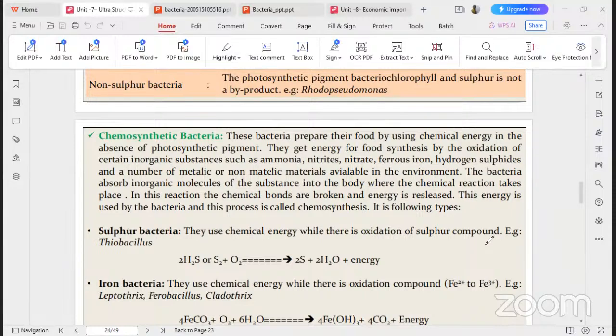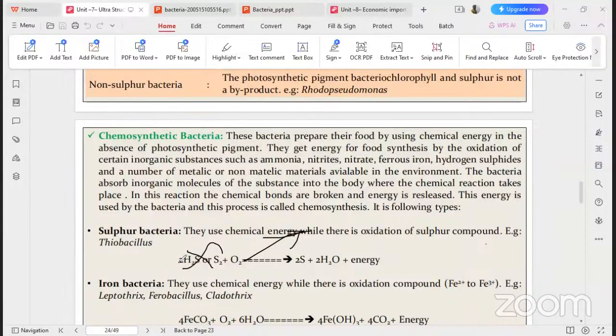In this reaction, chemical bonds are broken. By breaking these chemical bonds, energy is released. Chemical energy is released, and that released energy is utilized by the bacteria. That's why we call them chemosynthetic bacteria.